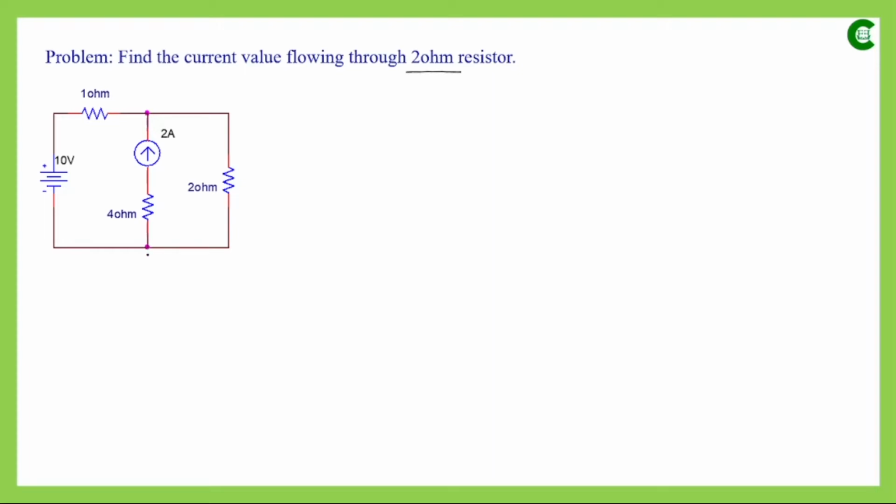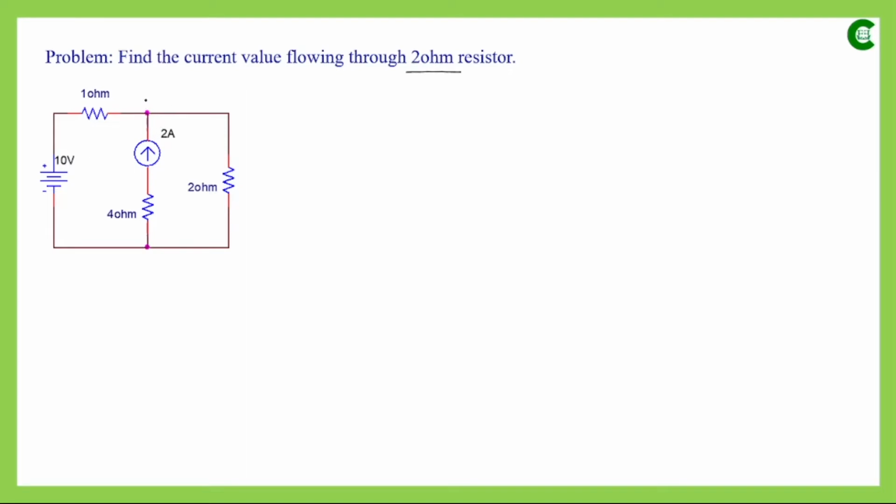So we only have one principal node here. That means the number of meshes is more than the number of nodes. So one way to simplify this circuit is to easily apply the node analysis method.